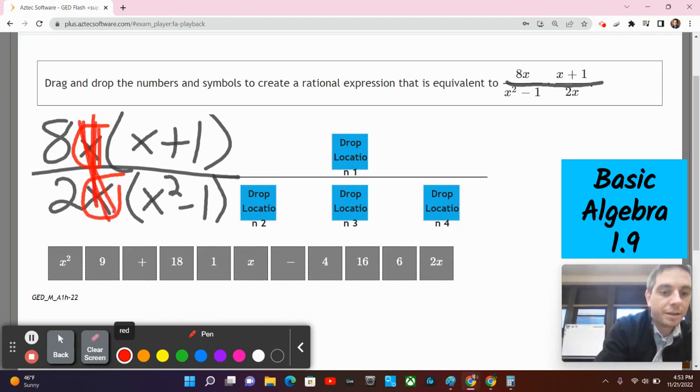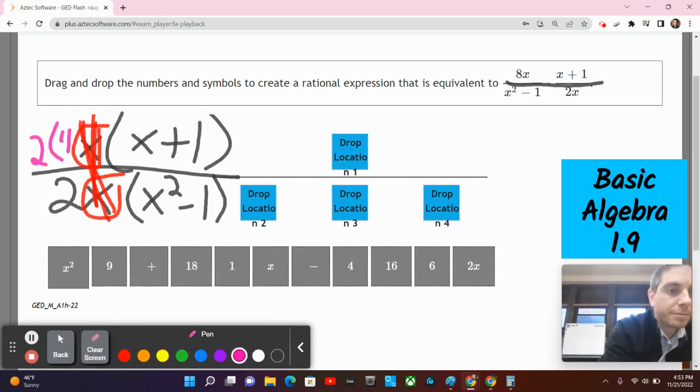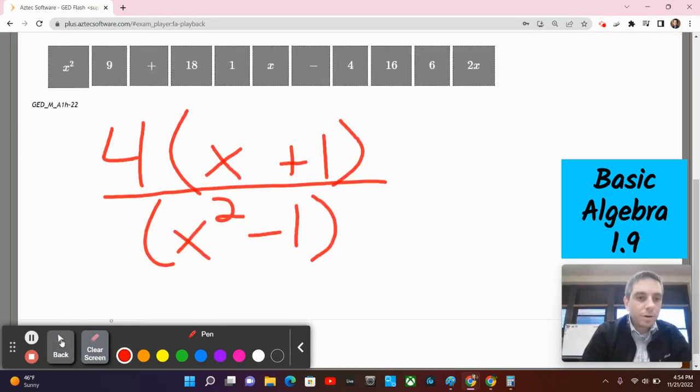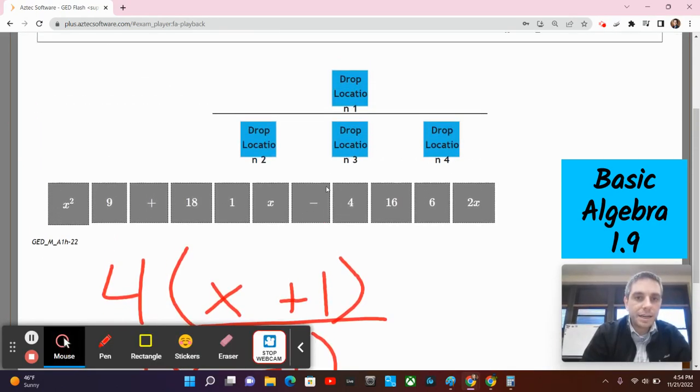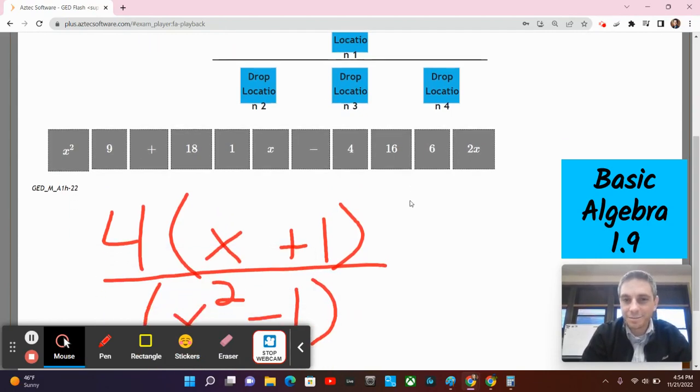That goes away. Also, you could think of 8 as the number 2 times 4. 8 is the same thing as 2 times 4, which by doing that, we end up with this 2 on the top and 2 on the bottom. We're a little bit closer to maybe having something that matches the drop zone here of what I could put as an answer.